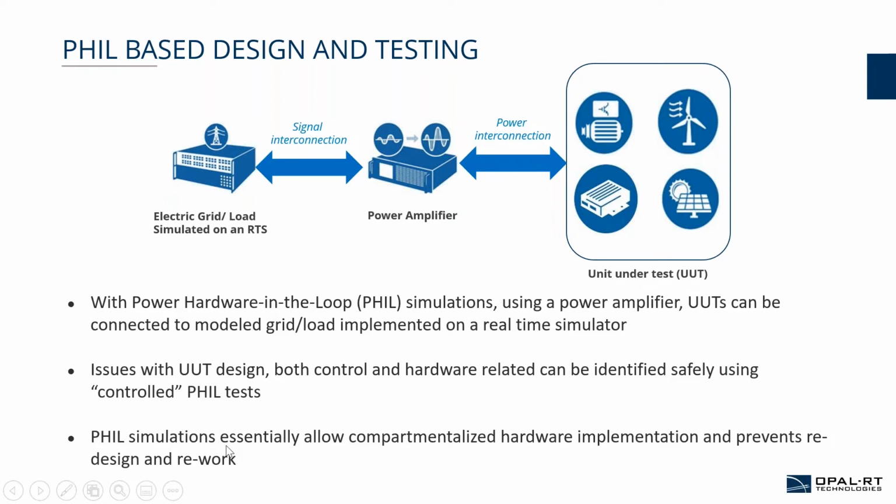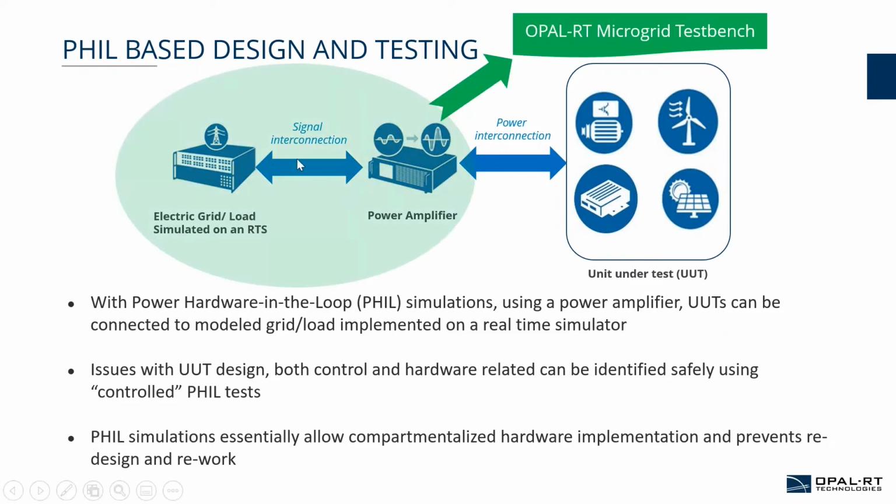PHIL simulations essentially allow you to compartmentalize your hardware implementation, and the main advantage is that it allows rework and design rework that can exist if you are directly connecting to a grid, and there can be issues of real fault situations which might make your equipment not operate as it is intended to operate.